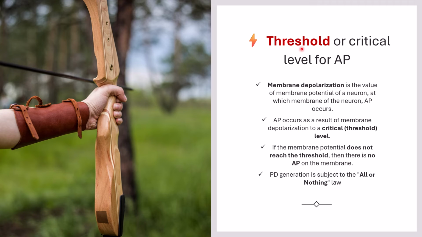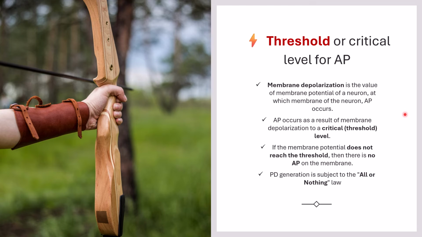To remember this threshold and the critical level for action potential, I made a metaphor. We can make a metaphor with shooting a bow and arrow, and we can think of a neuron like an archer with a bow. The membrane potential is the tension on the bowstring, and depolarization is pulling it back to shoot the arrow. To shoot the arrow, the archer must pull the string back far enough.